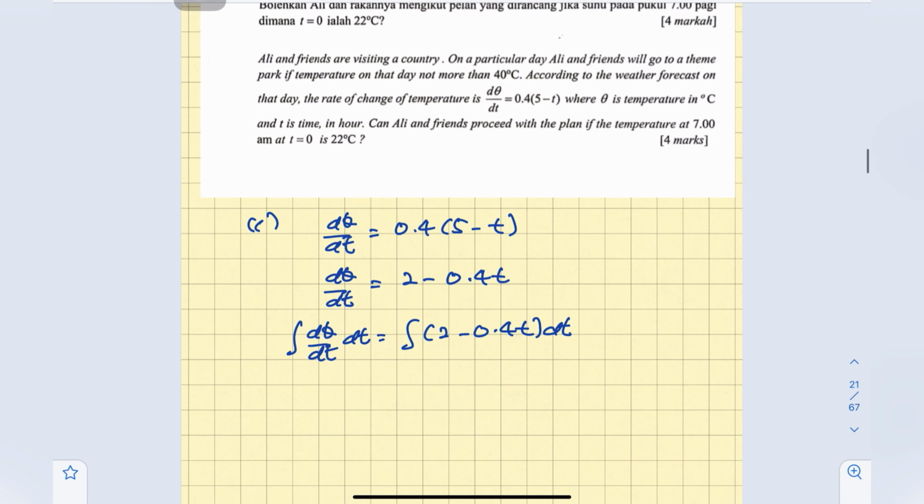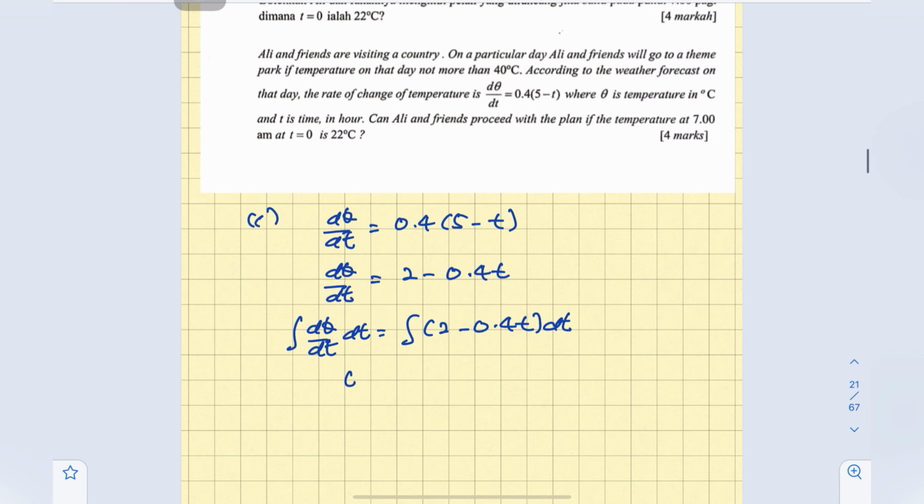Okay, integrate dθ/dt, we will get θ. So integrate 2 to get 2t, minus 0.4 t to the power of 2 over 2, plus c. To find c, here it is given that when t is 0, the temperature is 22 degrees Celsius.